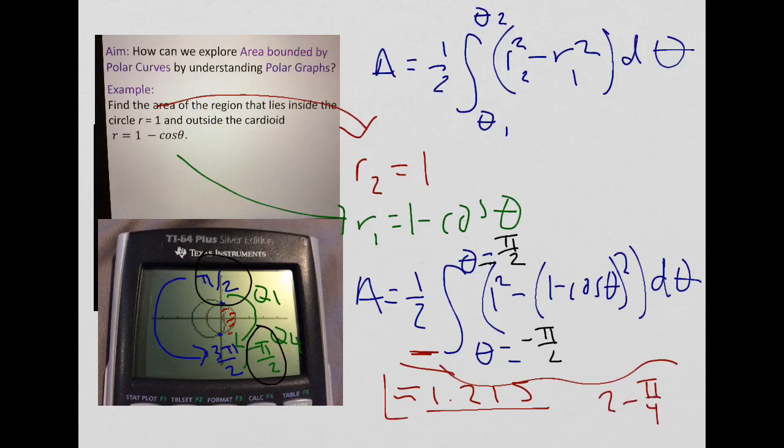I would not worry about that. I would, however, worry about making sure you understand what your limits of integration are. The other thing I just want to say before I go is that since we used the formula here, it works for any sort of curves, whether it's r equal to 1 and r equal to 2, or r in terms of theta and another one with r in terms of theta.